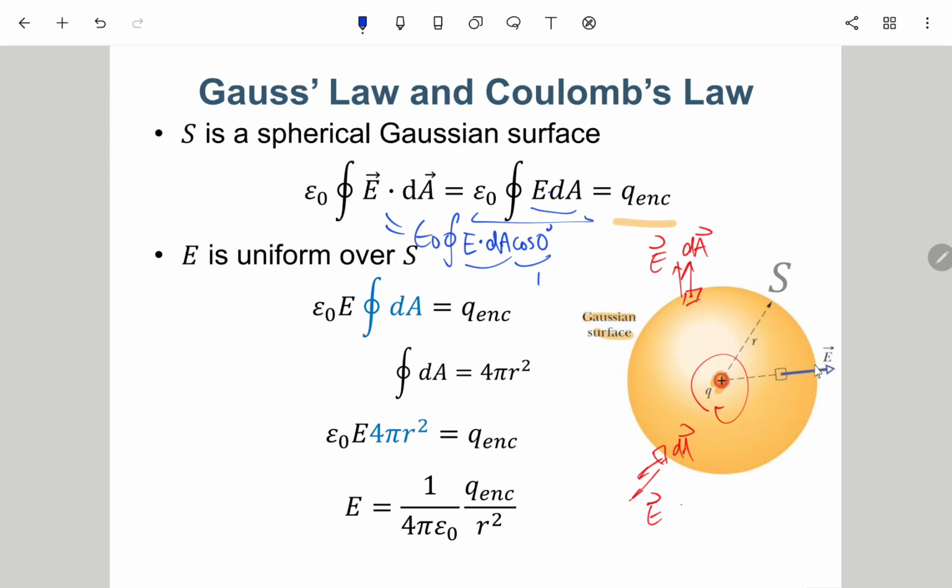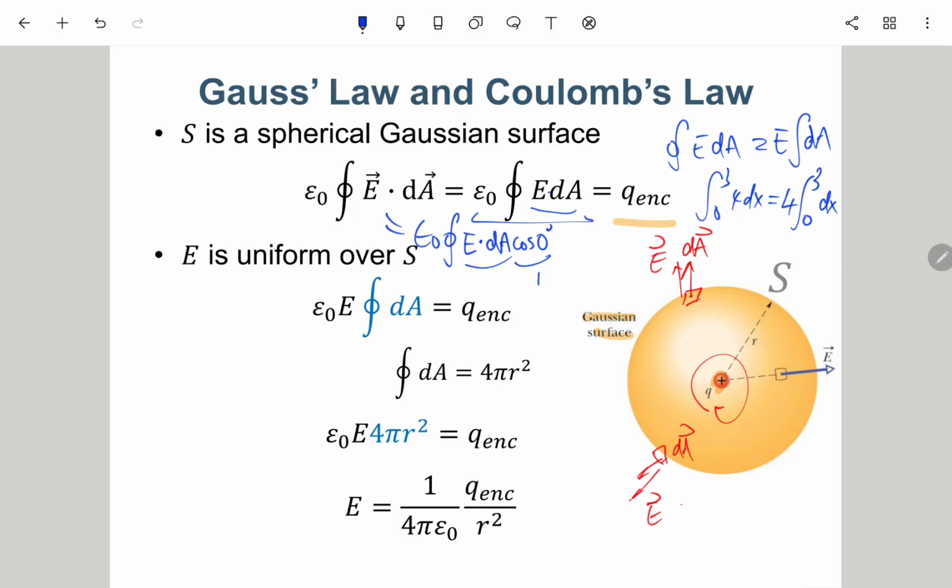We also know that the E field should be constant over the whole surface, because the distance between every element and the center is a constant distance. Integrating a constant, E times dA, will be E times the integration of dA, which is like the integration of 4 dx being 4 times the integration of dx from 0 to 3.